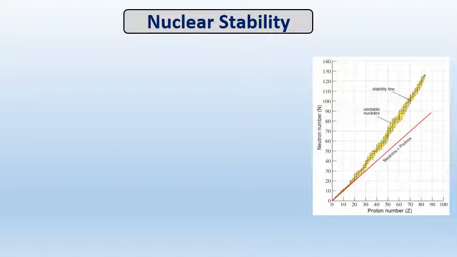So here the belt of stability deviates slightly to the left side above the red line.